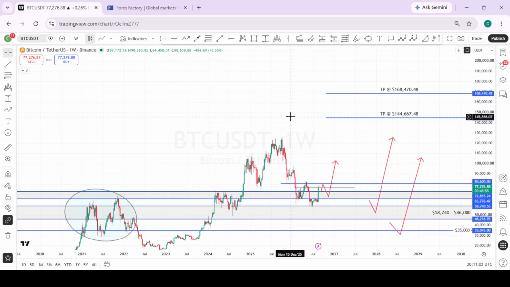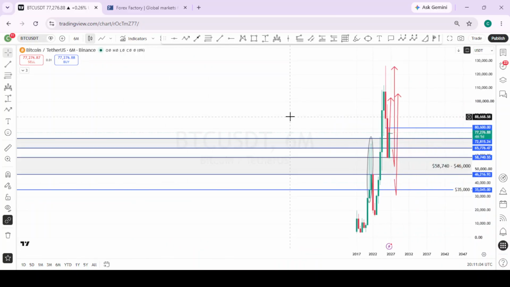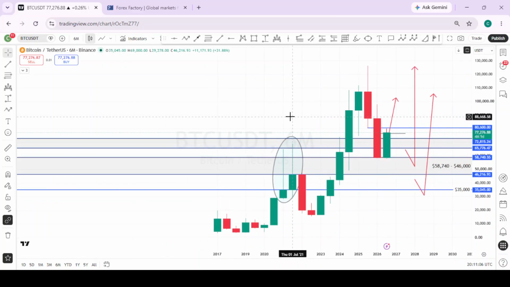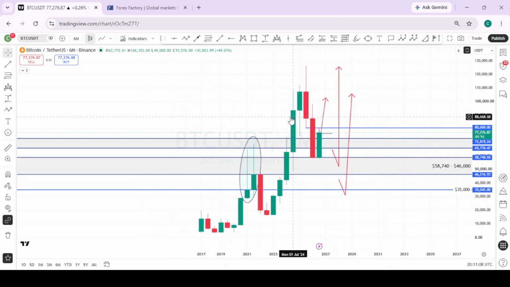Then let's look at something on the 6-month time frame. If you pay attention to the 6-month time frame, anytime there's a bullish move, you get two bearish 6-month candles, and then the bulls take over again. And now we also have two bearish 6-month candles, and it's most likely the bulls are taking over again.